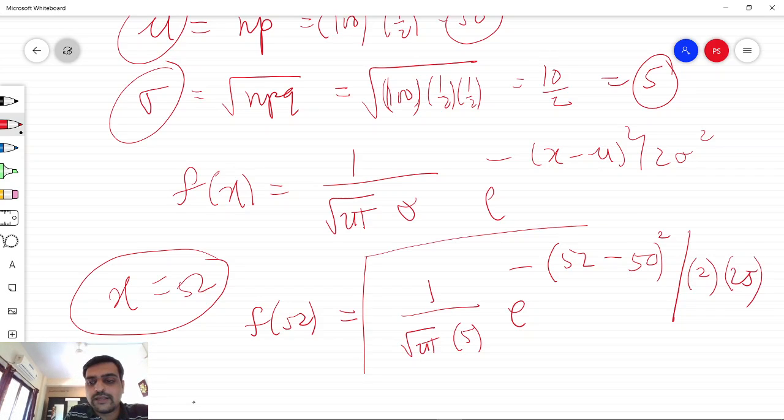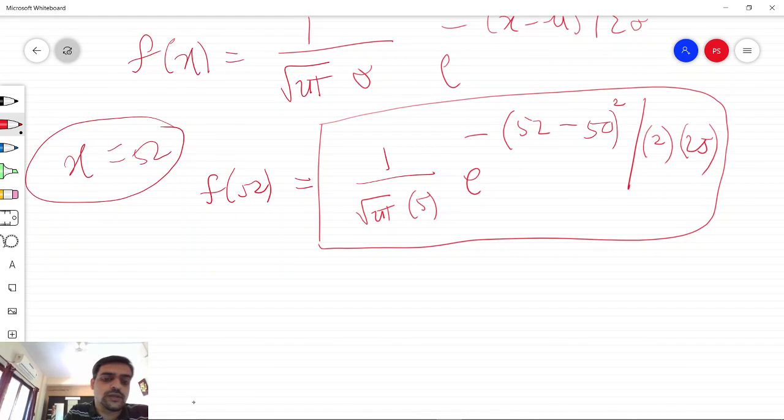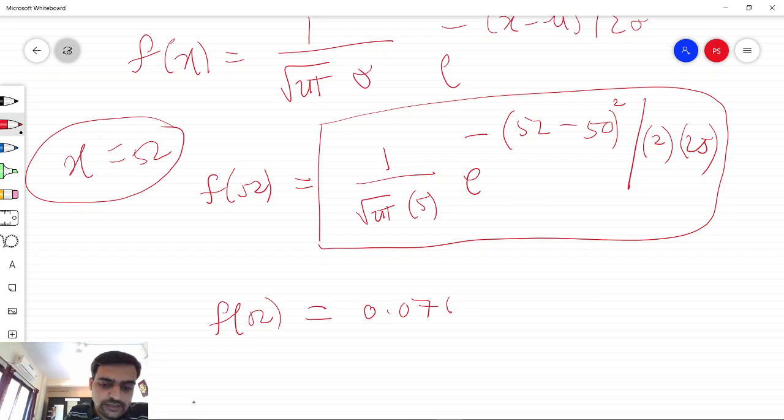Now again, in order to solve this, we need to have a calculator or at least a computer, and we get f of x, or x in this case is 52, so f of 52 will be equal to 0.0736, right?